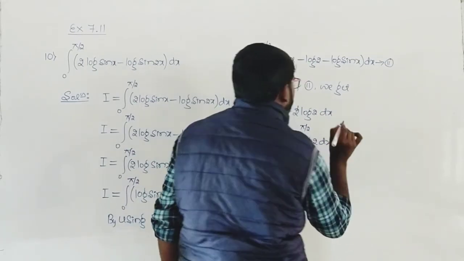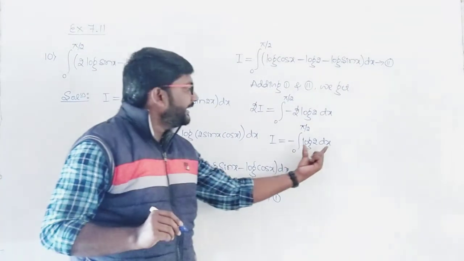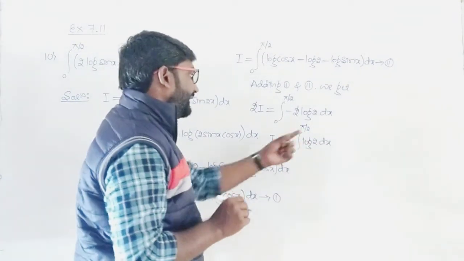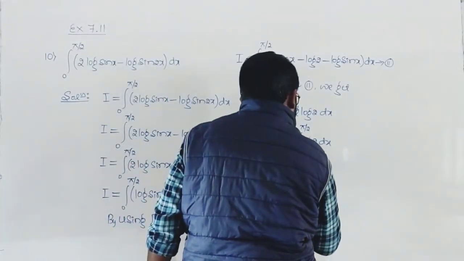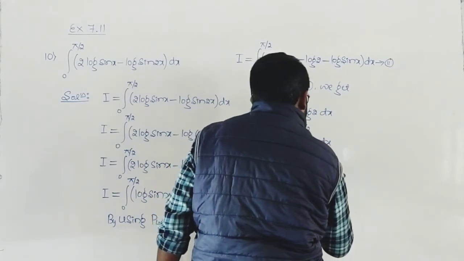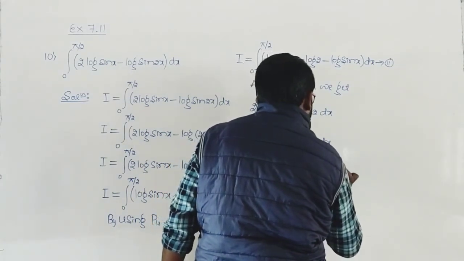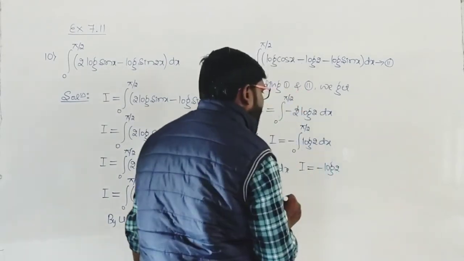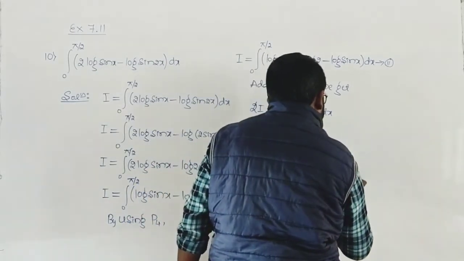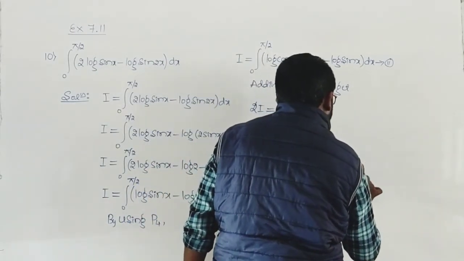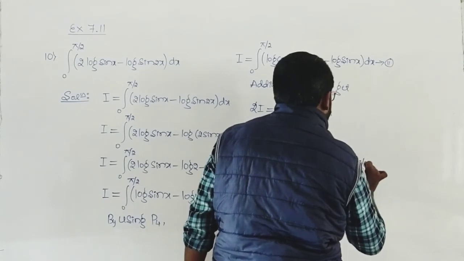Here log 2 is a constant, it is only the integration of dx. So now I is equal to minus log 2, a constant, written as it is, then the integration of dx becomes x. Apply the limit from 0 to pi by 2.